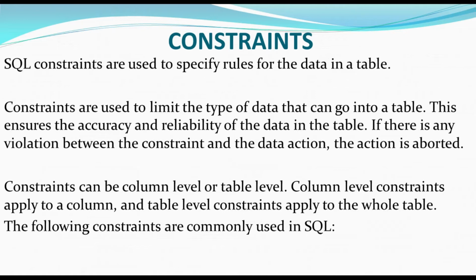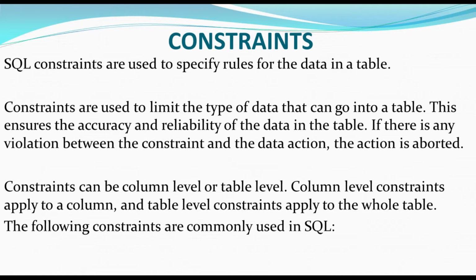So constraints help us to set rules for the table. Constraints are used to limit the type of data that can go into a table. This ensures accuracy and reliability of the data in the table.